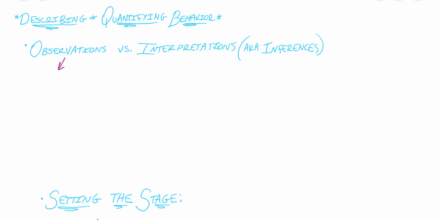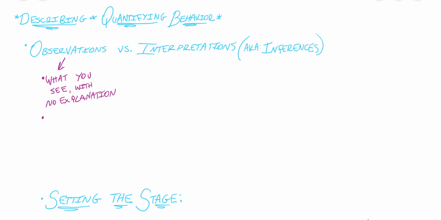You're not trying to ascribe motives to the animals that you're observing. You're just watching and stating what the animal is doing. Okay? So observations are simply what you see, with no explanation. The idea here is you are trying to collect data that is not subjective.